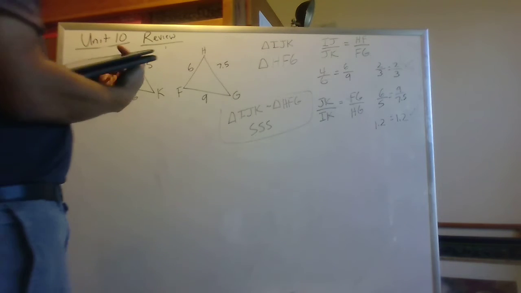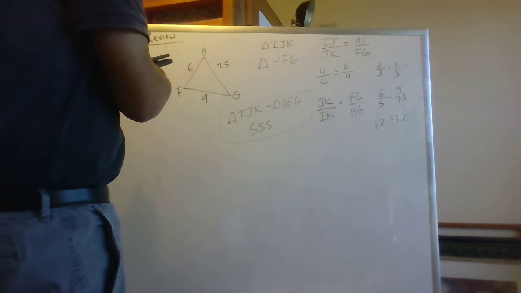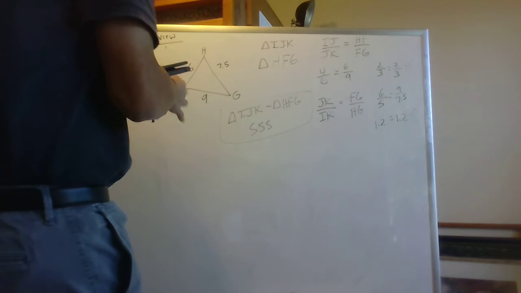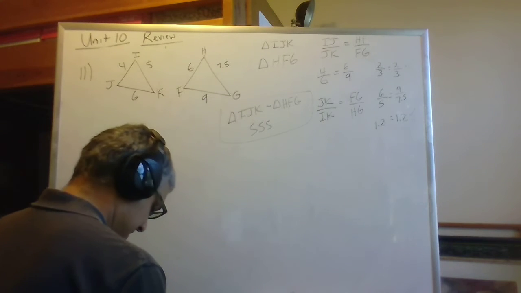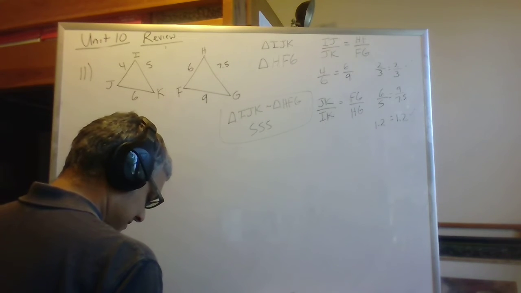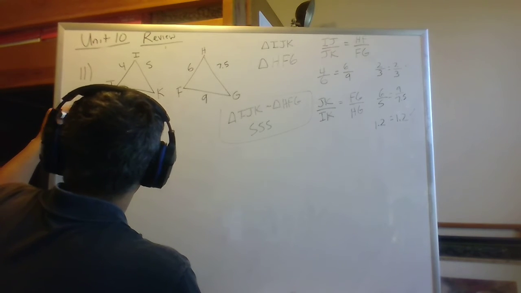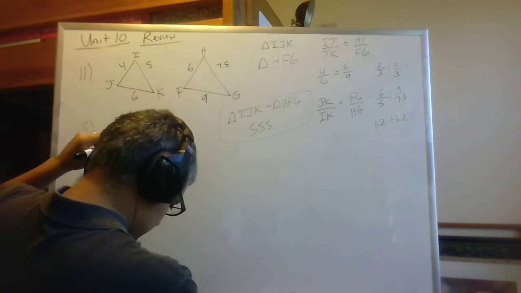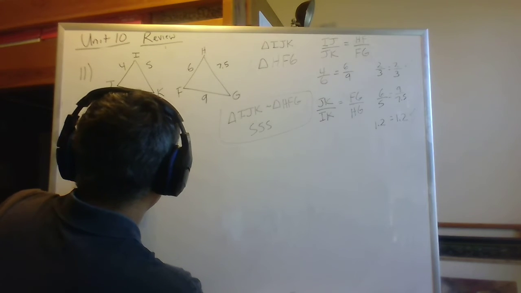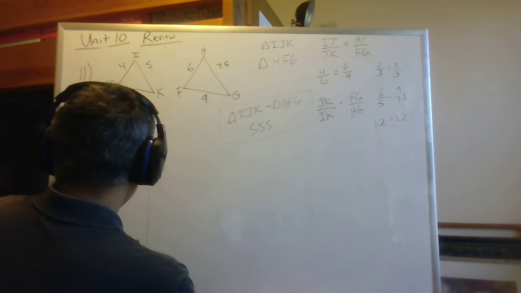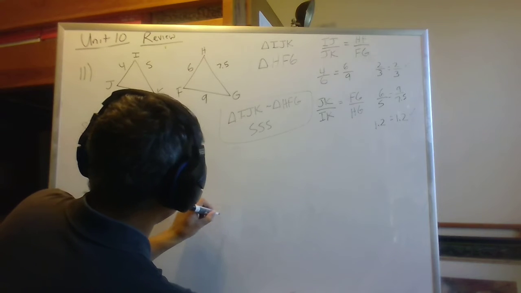So I'm just going to do one example and then have you do the others. So let's look at number 18. Number 18 says determine whether dilation from A to B is an enlargement or a reduction. So I have this quadrilateral.